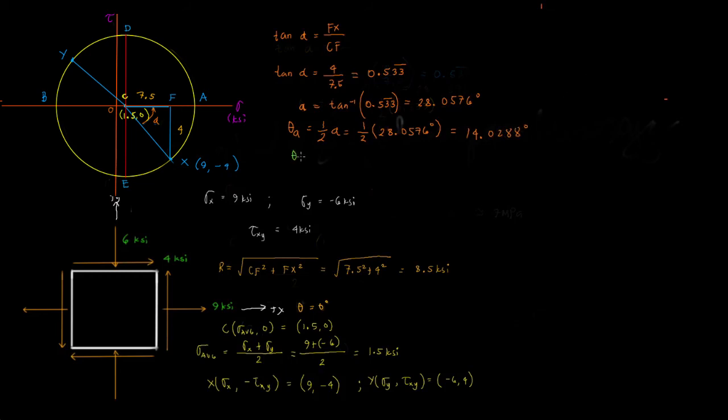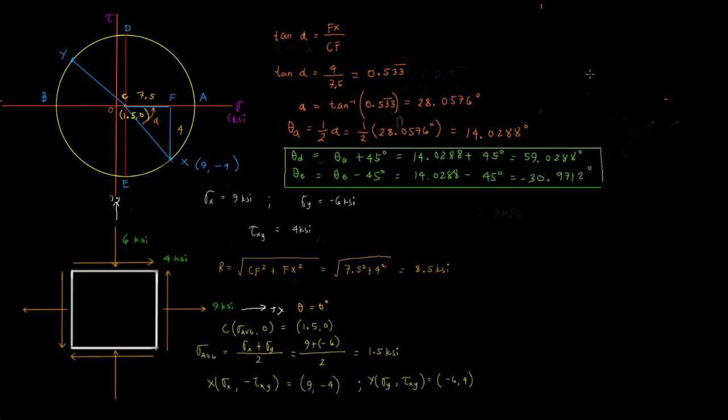We're going to find our angle of D and our angle of E. To do that, we take the value of our theta A plus 45 degrees. That is going to equal 59.0288 degrees. And for this one, we subtract 45 degrees, giving us a theta value of negative 30.9712 degrees. And this now is our orientation of the planes of maximum in-plane shearing stress.